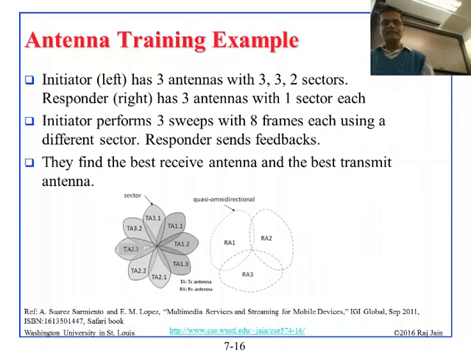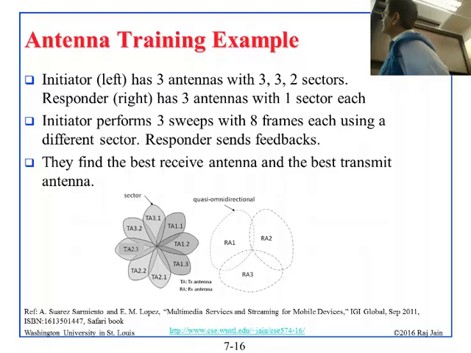Here is another example. The initiator on the left has 3 antennas with 2 sectors. Notice this one: it has 3 antennas, and the first antenna has 3 sectors, 1.1, 1.2, and 1.3.